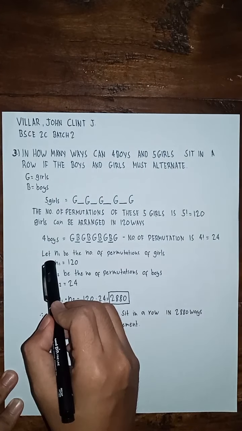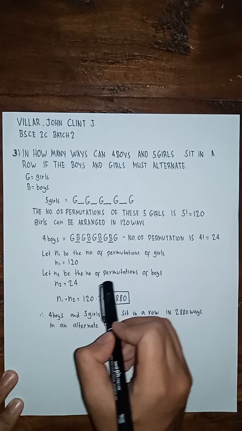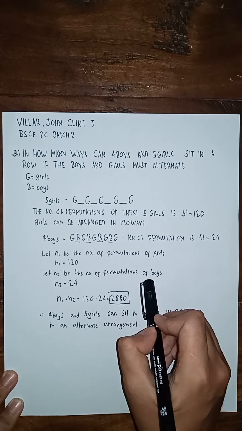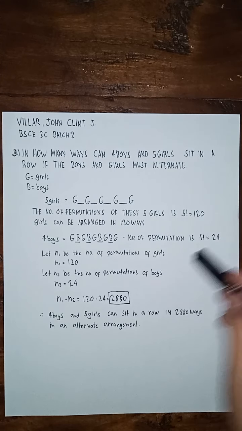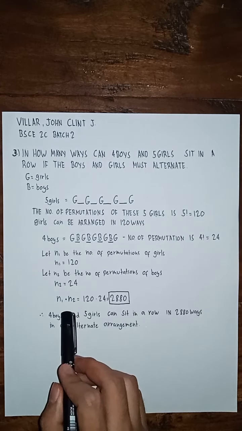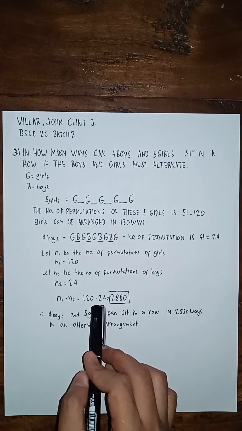So, let n1 be the number of permutations of girls and let n2 be the number of permutations of boys. So, ito ang n1 natin at ito ang n2. So, multiplication lang, n1 times n2 or 120 times 24.